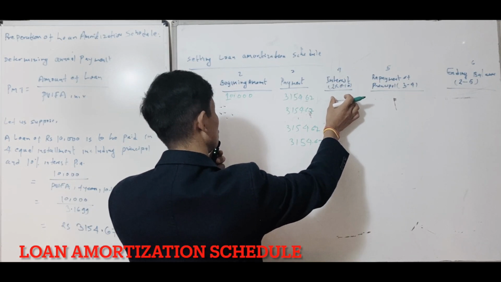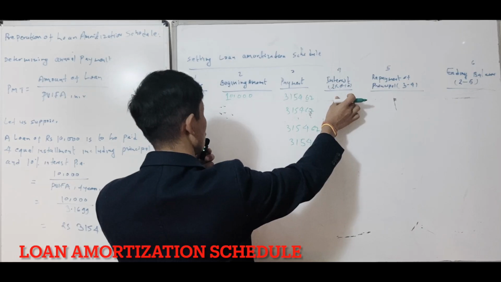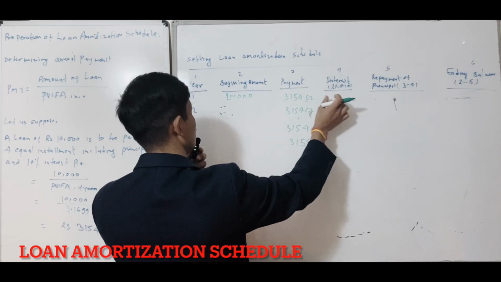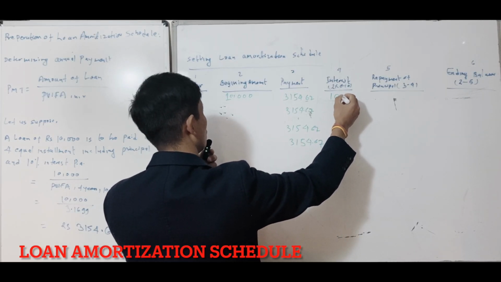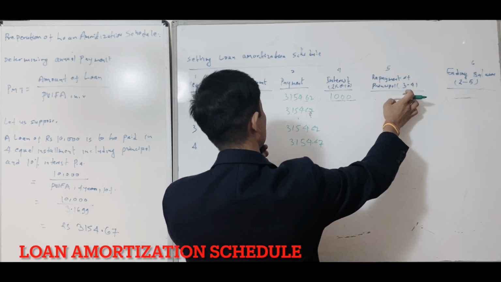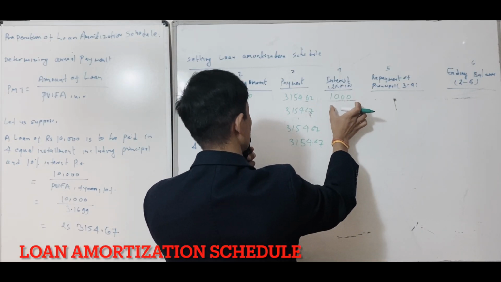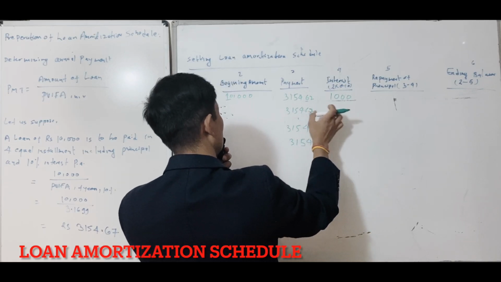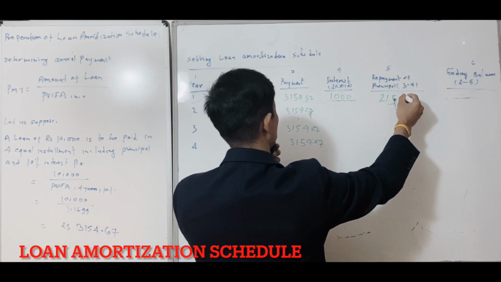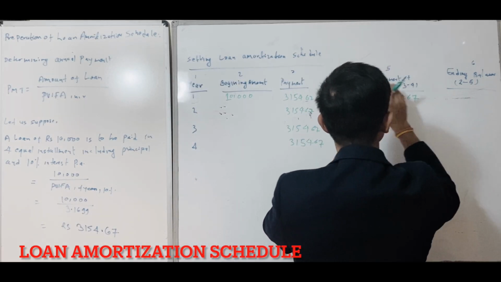To calculate column 4, we have to multiply column 2 by 0.1. So if we multiply 10,000 by 0.1, we get 1,000. And column number 5 is column 3 minus column 4. So let's subtract 1,000 from 3154.67. We get 2154.67. The ending balance is column 2 minus column 5.